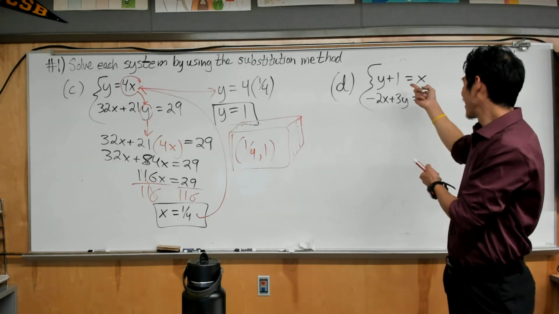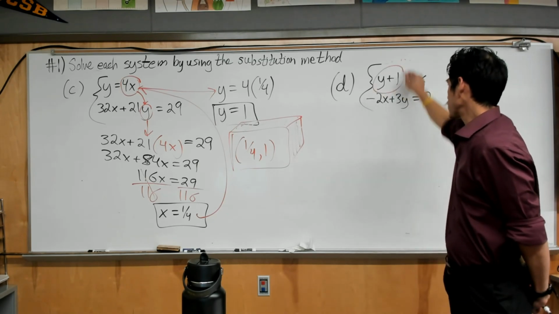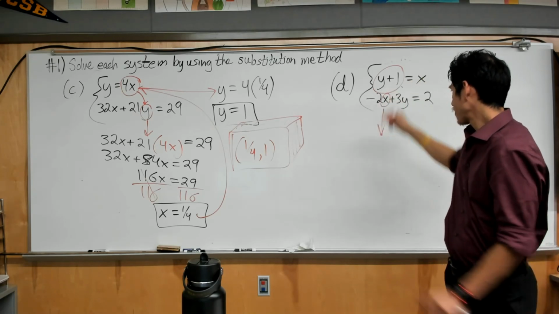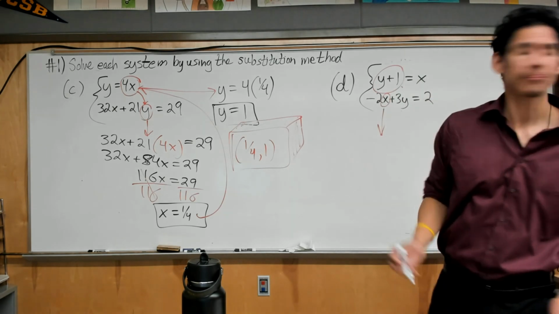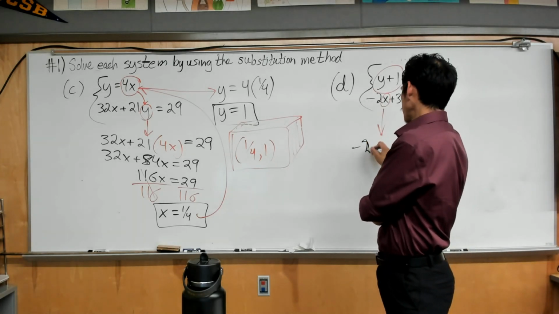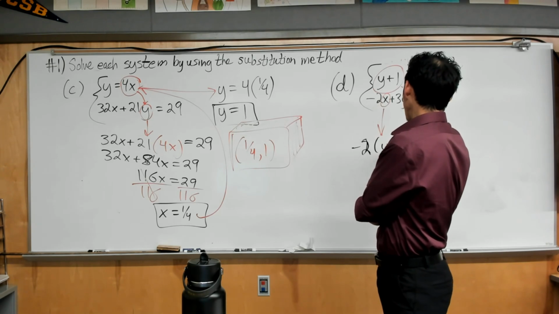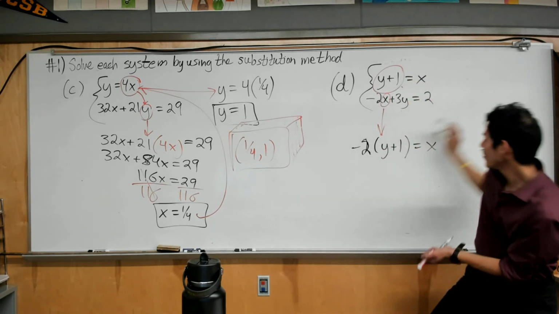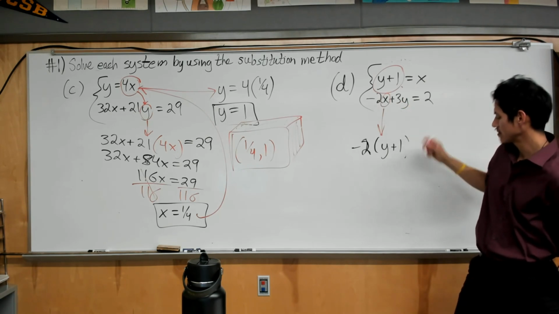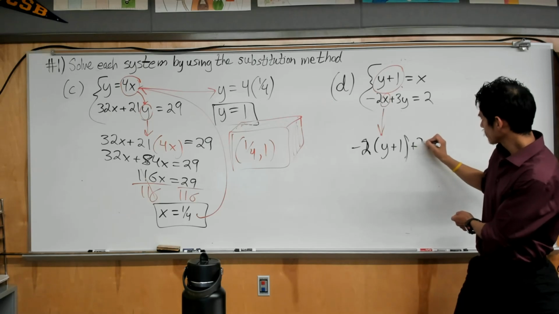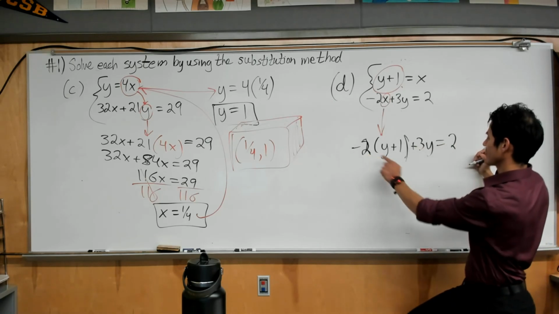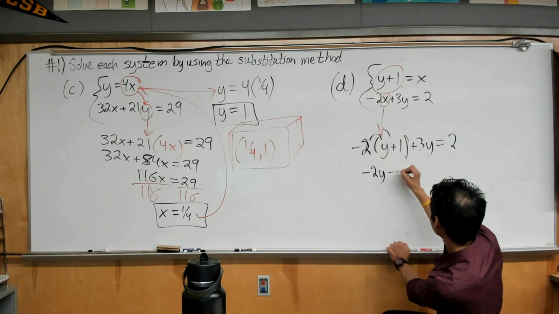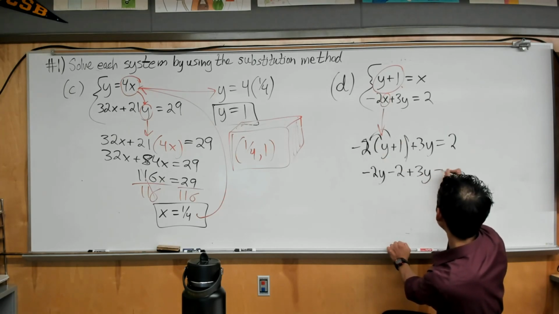One more for now. X we got as y plus 1. So put in for x, y plus 1 here. Negative 2 times y plus 1, plus 3y equals 2. Negative 2 times y, negative 2y, minus 2, plus 3y equals 2.